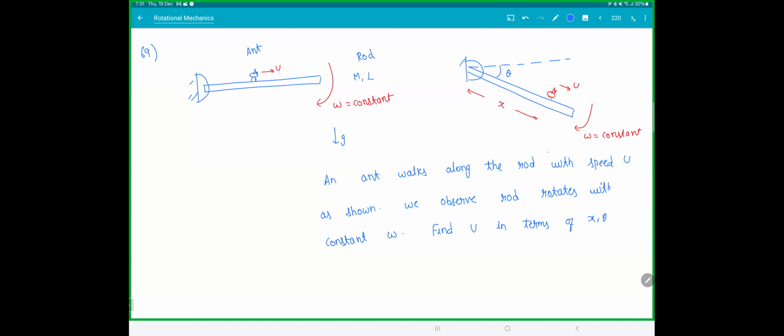Anyone not clear with the question? Any doubts on this? Take a minute, think about it. Why is that omega not changing?